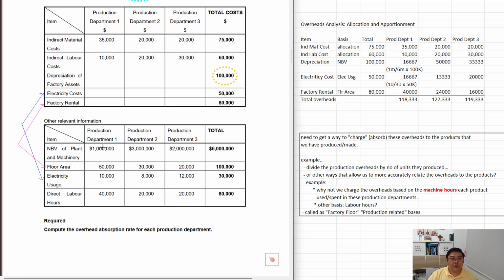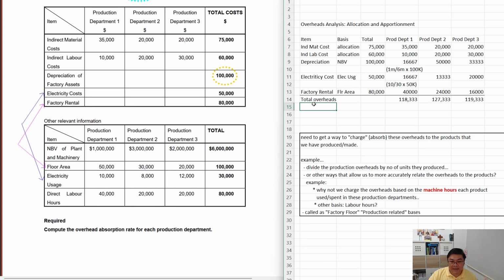So we saw from the question that they've given us the labor hours that they've estimated in each of these departments. Somebody has told us that the direct labor hours they're going to spend in Department 1 is actually 40, 20, and 20.